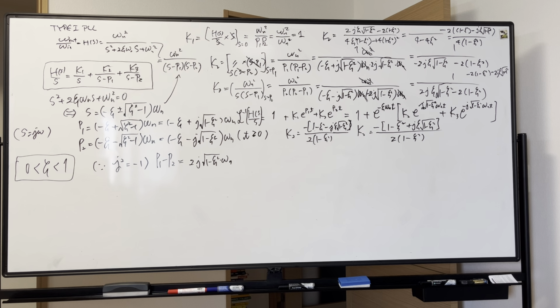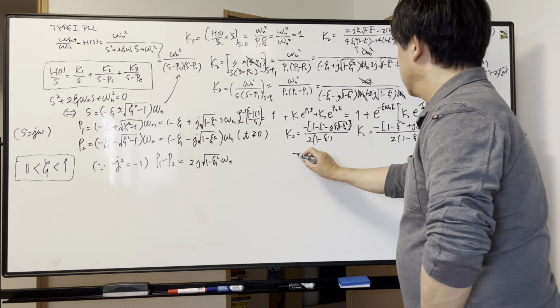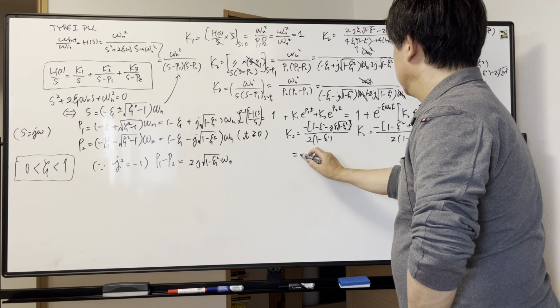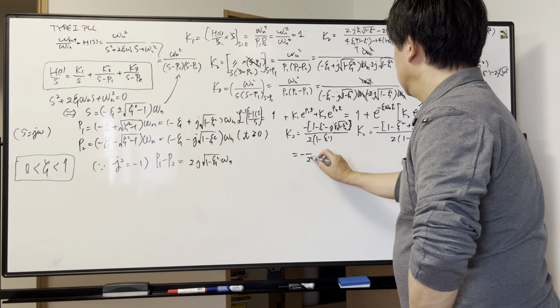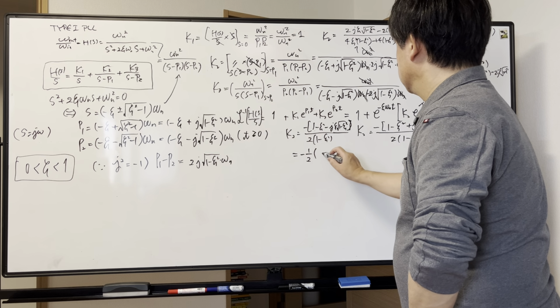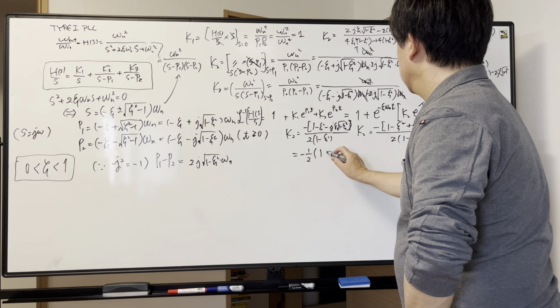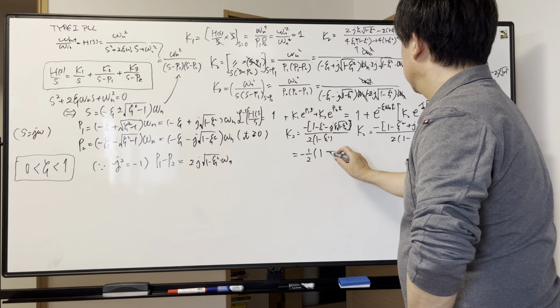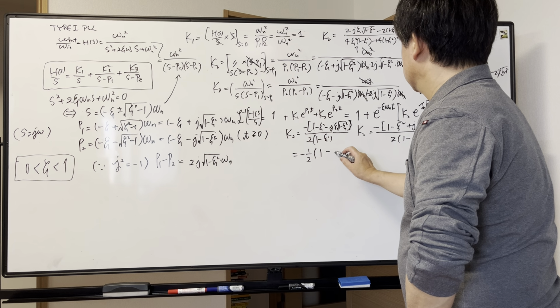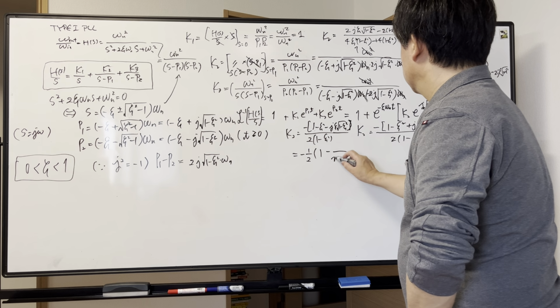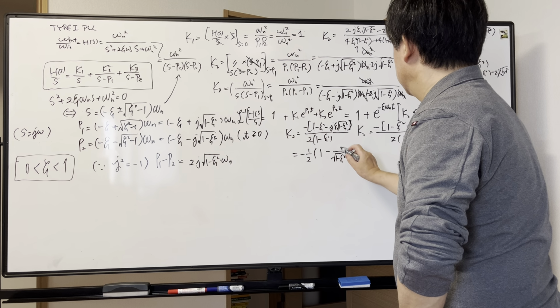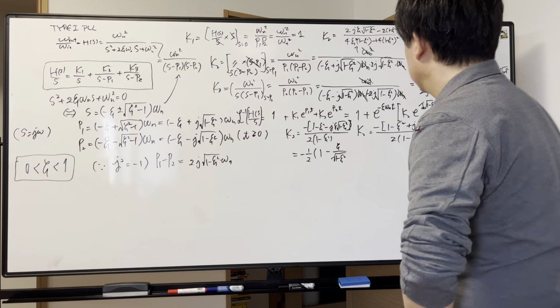So separate these, because that way we can write 2 over 2. This is 1, plus minus zeta over square root of 1 minus zeta square.